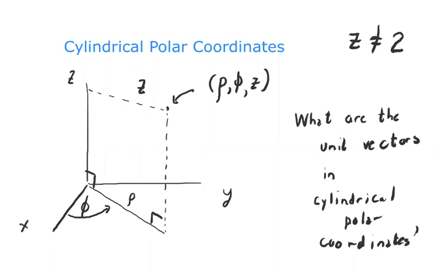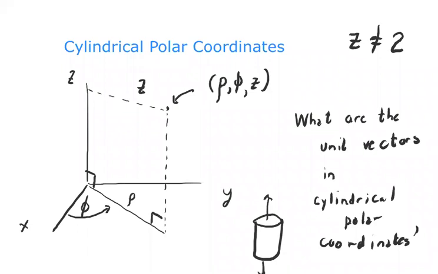So here's a point in space. I could define it by x, y, z. Those are Cartesian coordinates. I'm choosing not to. I want to define it in terms of these 3 new coordinates, rho, phi, z, because they'll help me to work with problems that have cylindrical symmetry.